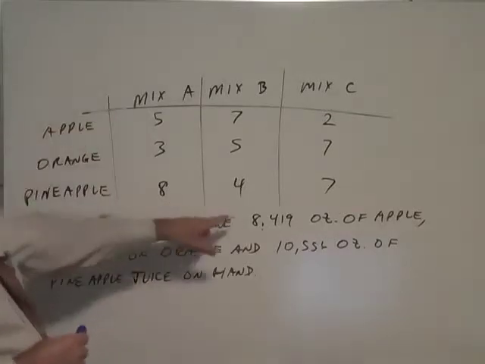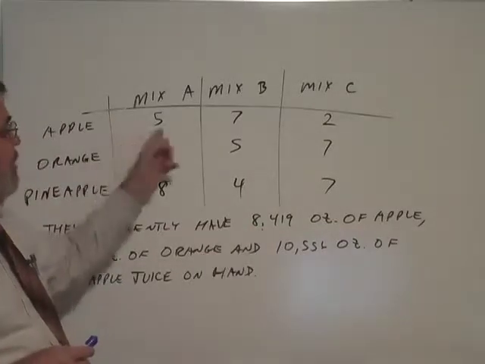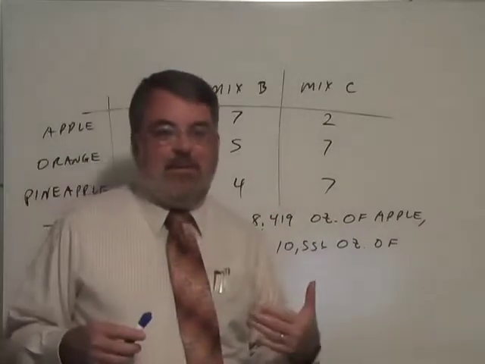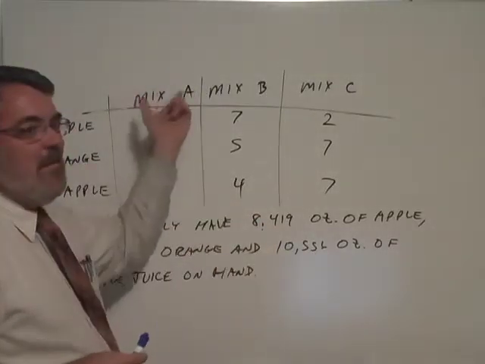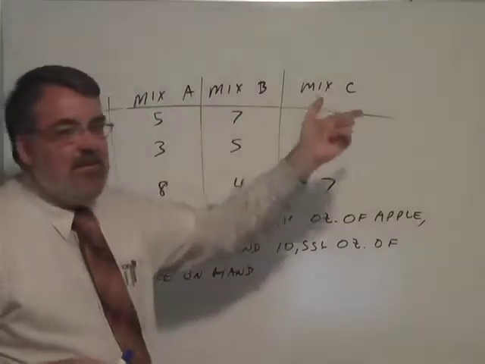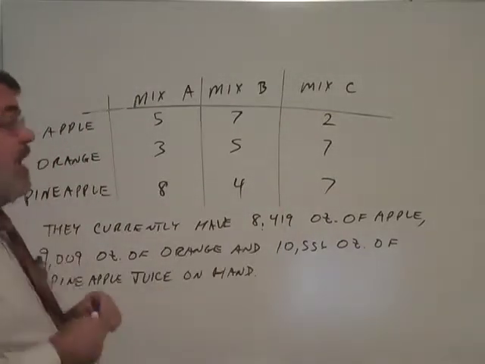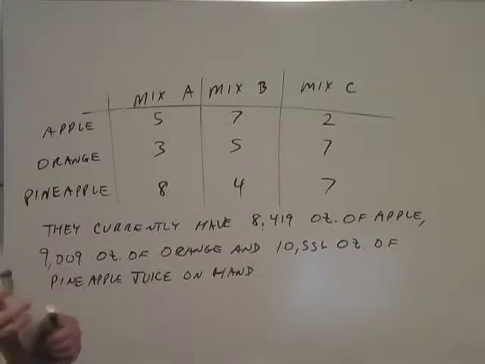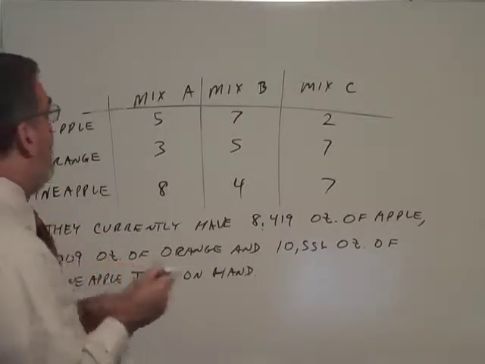Well, we know we have 8,419 ounces of apple juice, so we're not solving for that. We're solving for how many bottles of mix A, B, and C. And if you look at the question, that's exactly what it's asking for. So the question in these problems always lets you know what variable you're looking for.